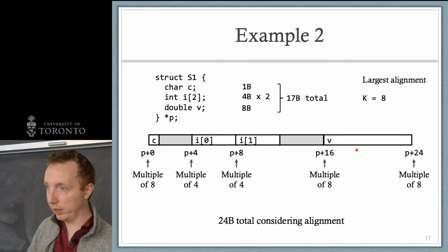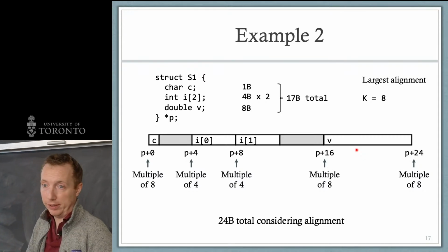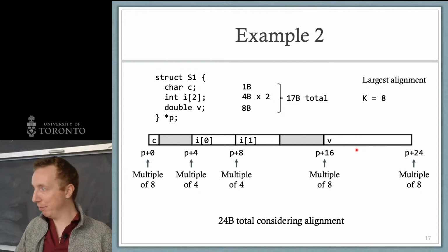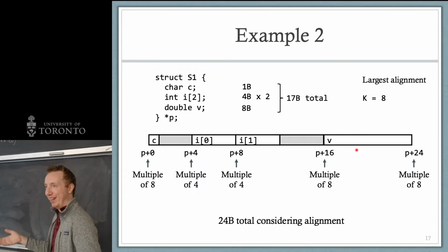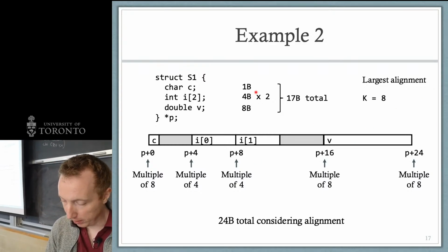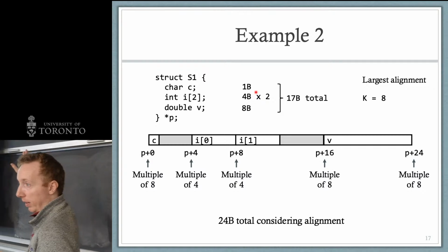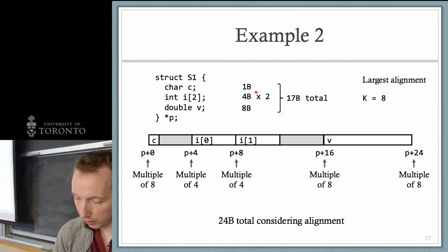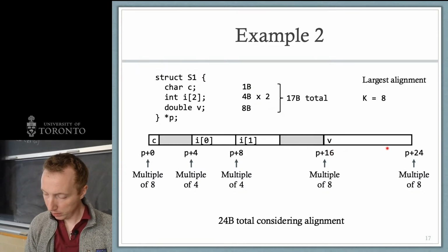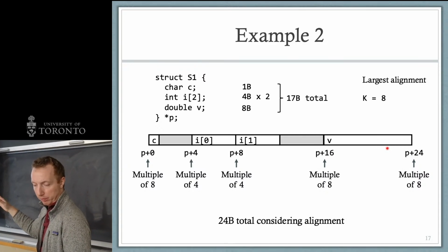Otherwise, things might just refuse to work depending on the instructions or data you feed it. But this is just what memory I need for the struct by itself. So in this case, we needed 24 bytes in total, so we lost some to alignment.